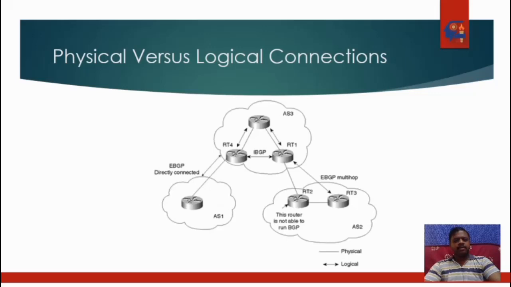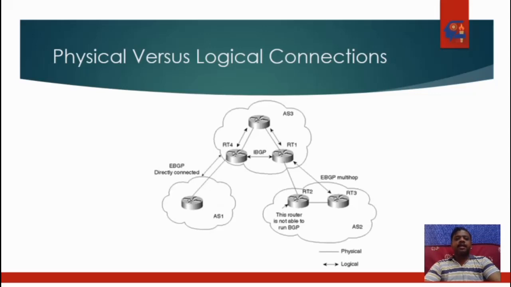However, BGP must somehow learn the appropriate routing information to avoid potential forwarding loops or a problem called black holing of packets. On the other hand, neighbors within the same autonomous system have no restriction whatsoever on whether the pair is physically connected or separated by multi-hop IP hops.